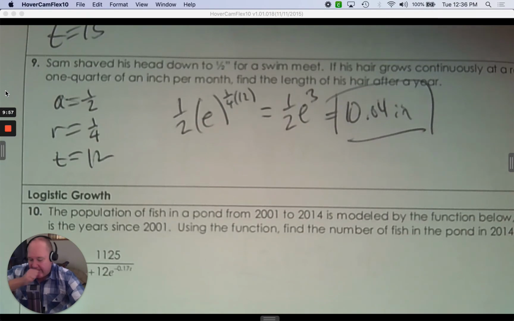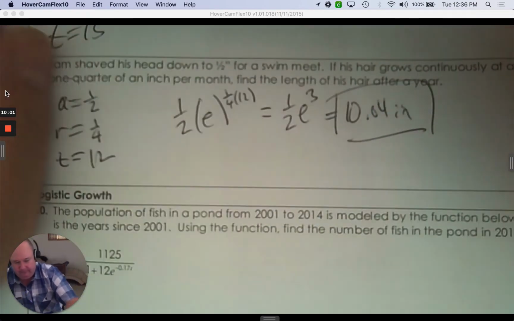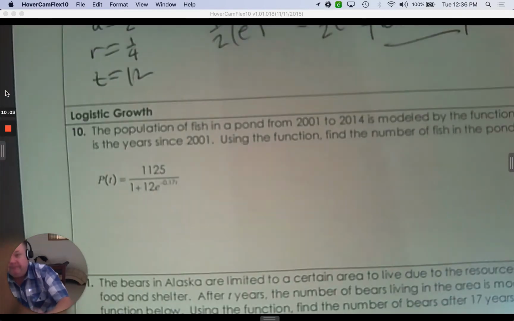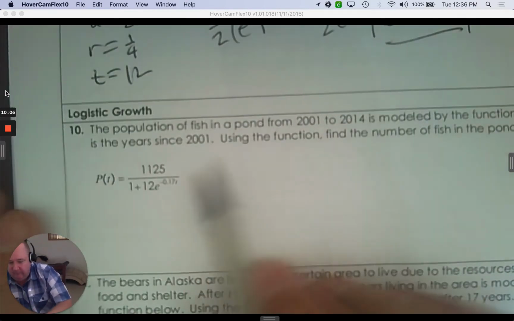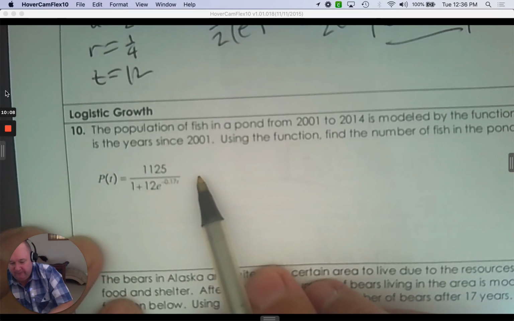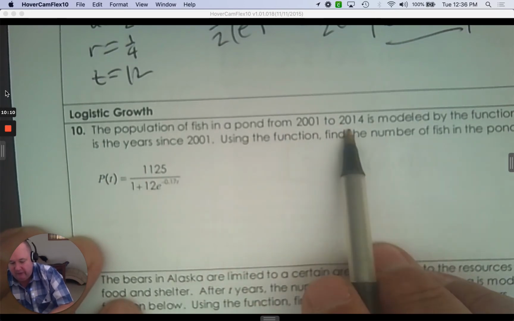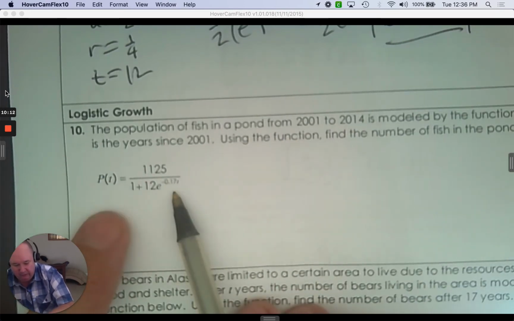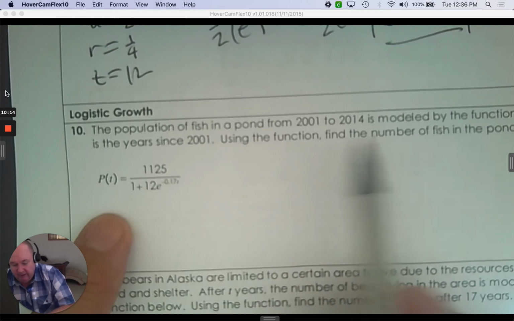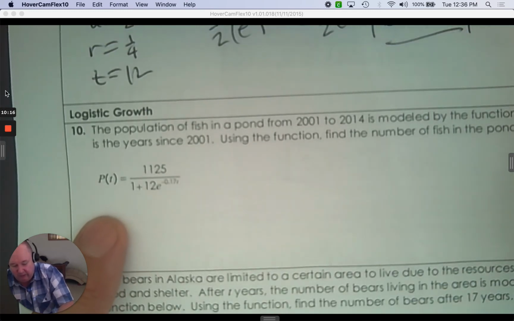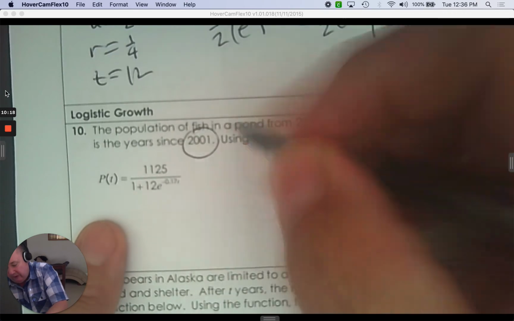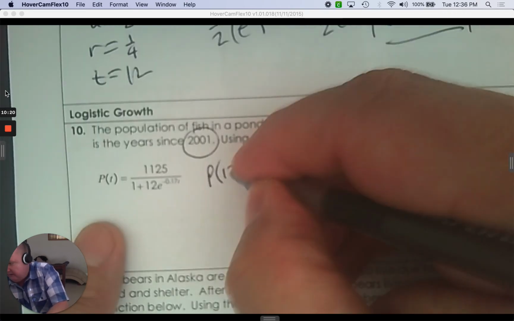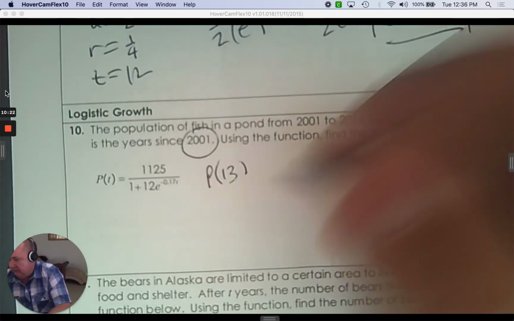All right, last 2 questions for the homework. Number 10. A population of fish in a pond from 2001 to 2014 is modeled by this function. It says use it and find the number of fish in the pond in 2014. So how many years have gone by? 13 years. So just plug 13 in and use your calculator.